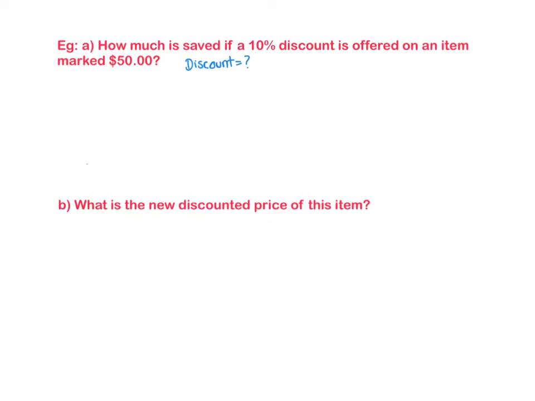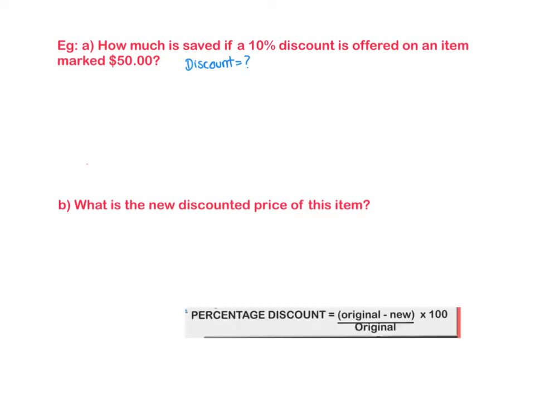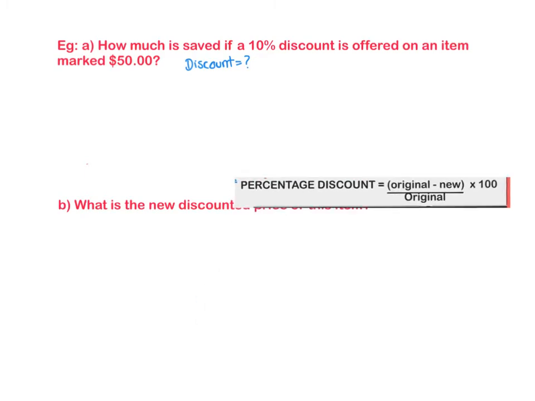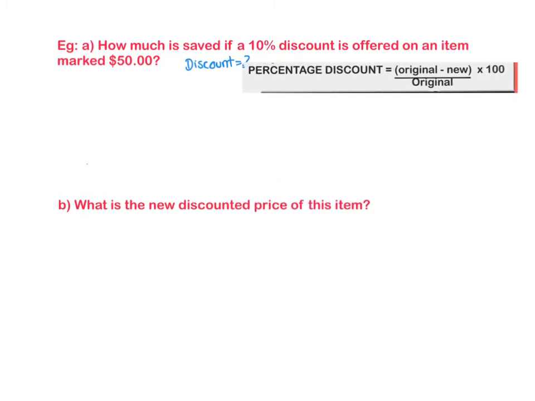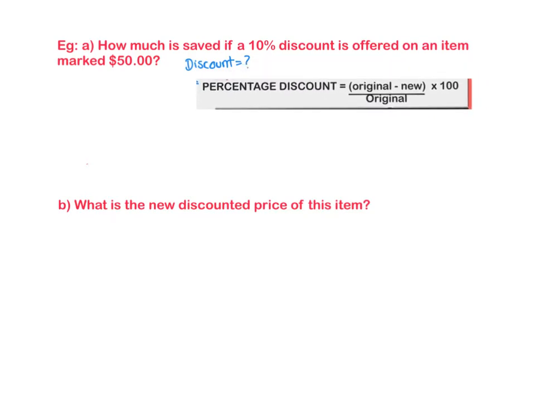So if you flick back to that table, you want the percentage discount. So you pop in what you know. Percentage discount equals original minus new over original. Anyway, no, we don't really want that one.